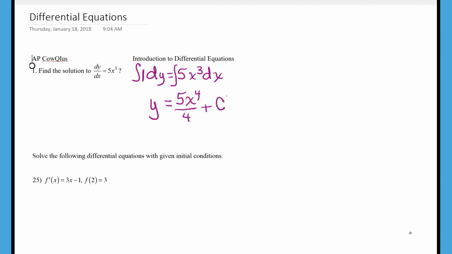This is called the solution to the differential equation. It's what we've been doing, asking who you take the derivative of to get this differential equation. It's also called a solution, and that c is the constant of integration.